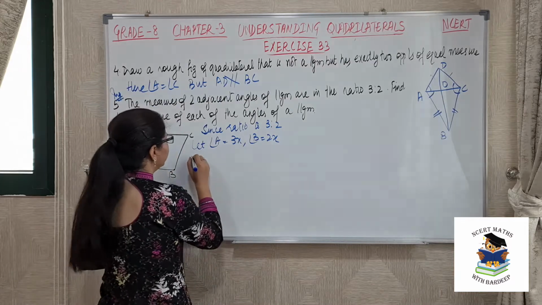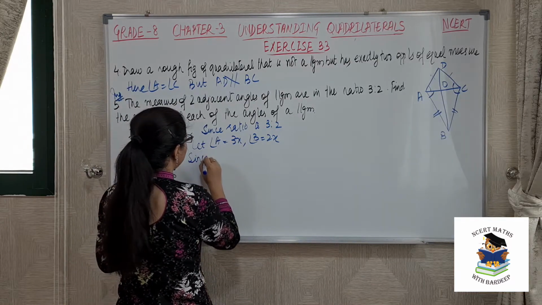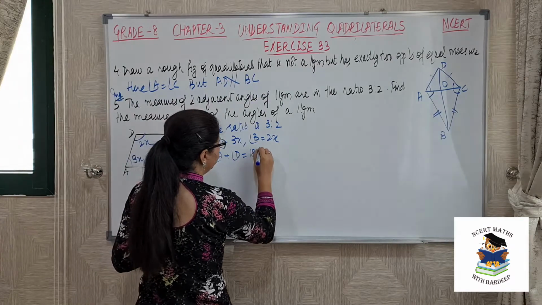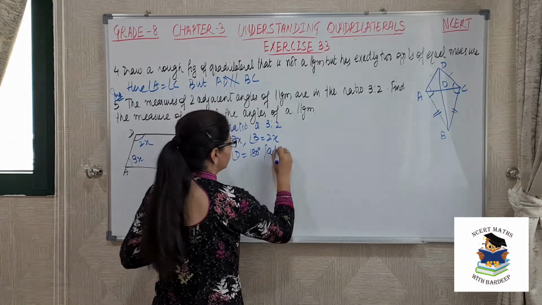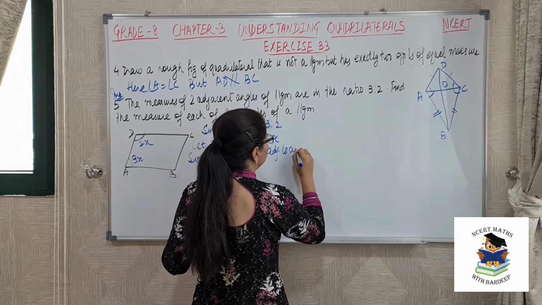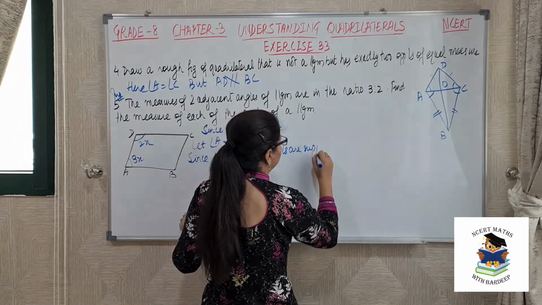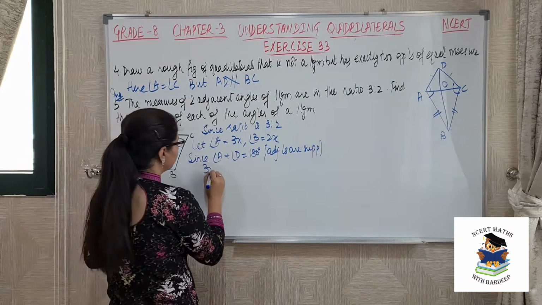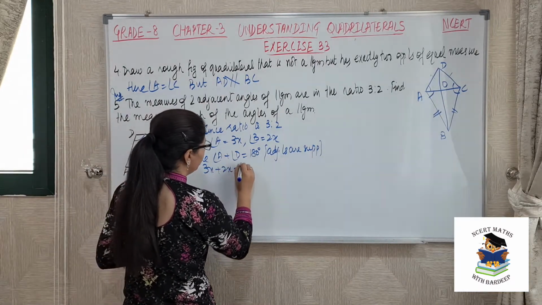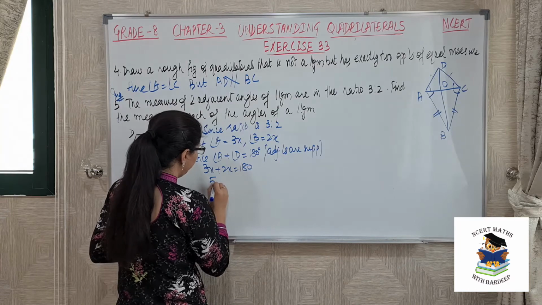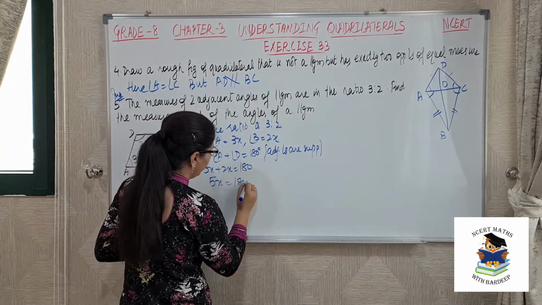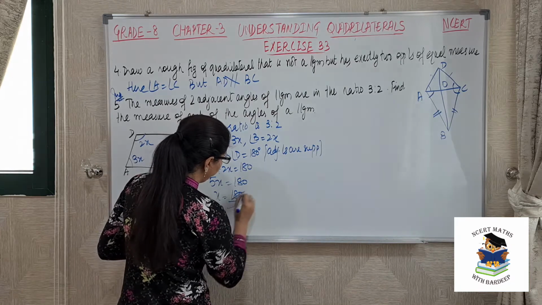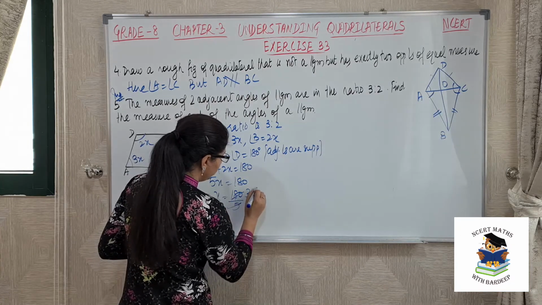So we can say since angle A plus D is 180 degrees, the reason is adjacent angles are supplementary. So 3x plus 2x is 180 degrees. So we have 5x as 180 degrees. What is x? 180 by 5. So 5 3s are 15, 36 degrees.